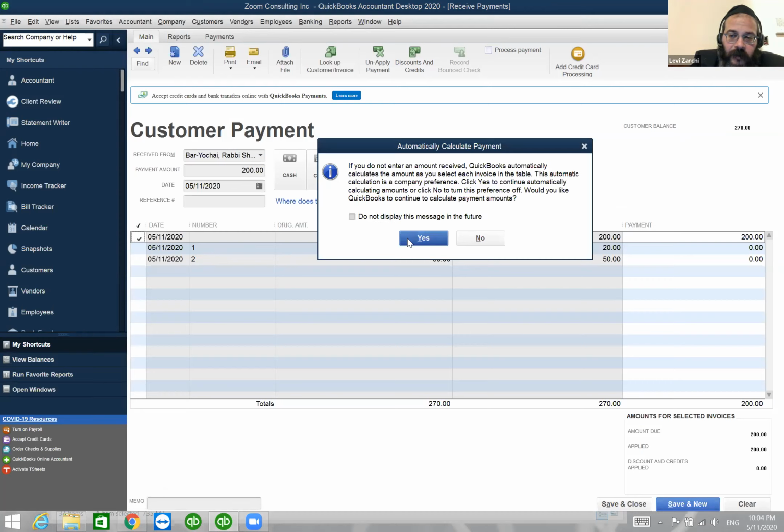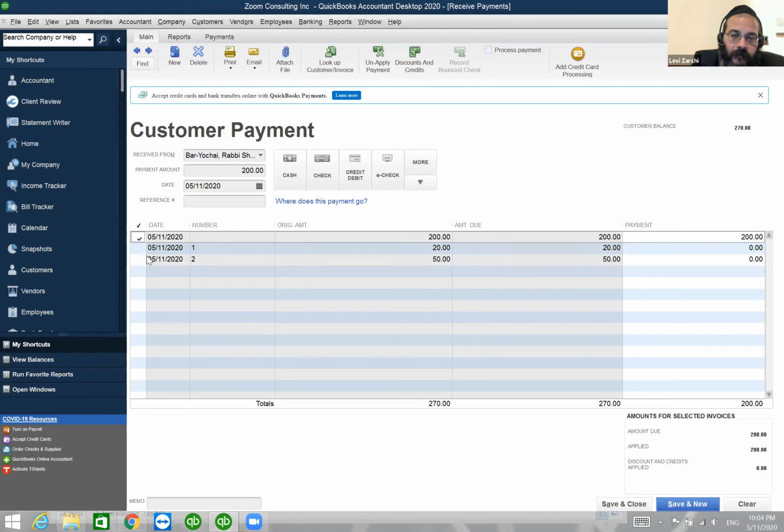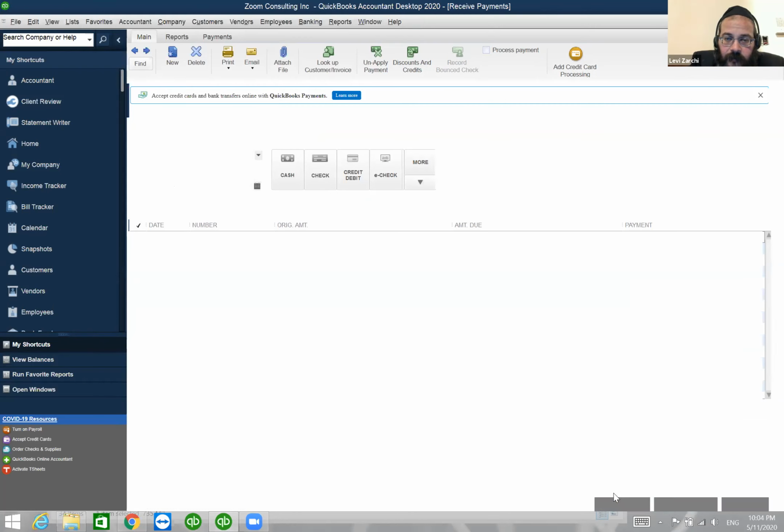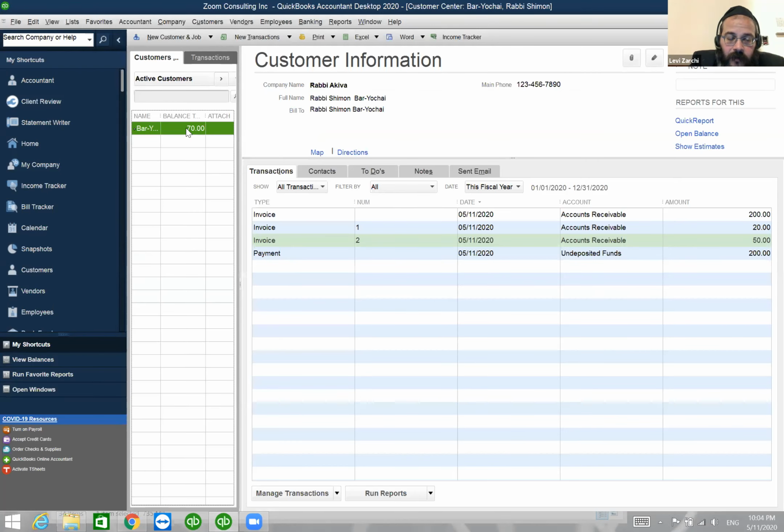So I'm paying my $200 and I receive the payment and I save and I close. Now he only owes $70 for the 2 other invoices.